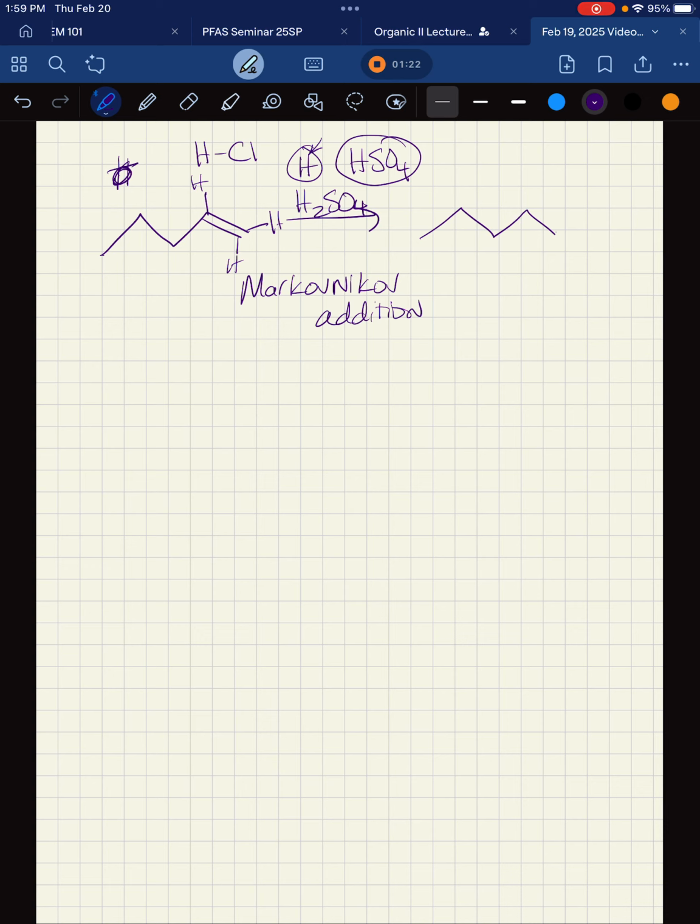If we're looking at what gets added, I'm going to draw in my hydrogen atoms that were already present in the current color. And then the new hydrogen atom would get added to the right. We probably need to draw what this is, of course, the bisulfate anion.